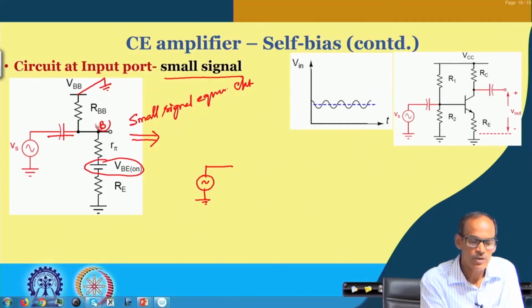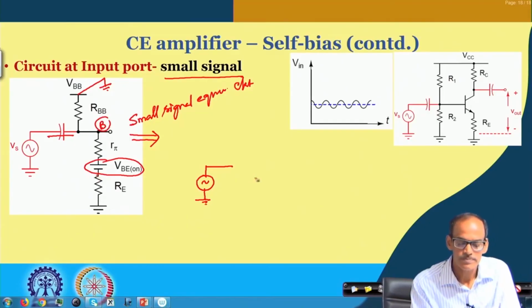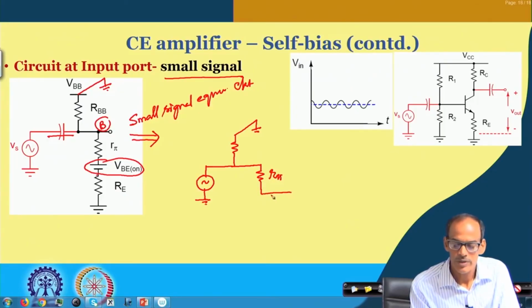So, this is the base node, this is of course the emitter node, and then we do have the AC ground, and then we can keep this R pi, and then we do have the RE, but again we need to be careful that we also have the collector current to be considered.